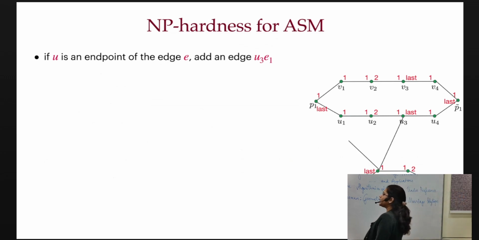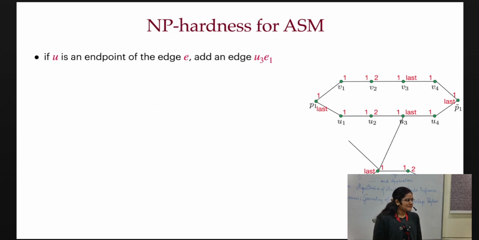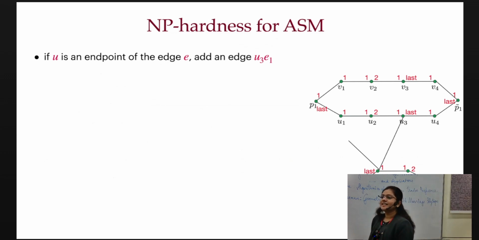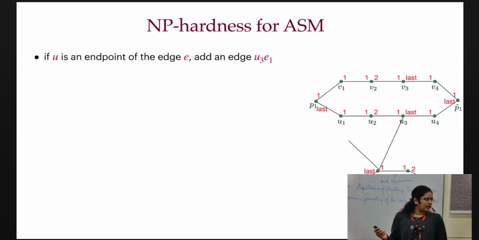What is the degree of U3 here? Degree of U plus 2, exactly, right? Because from U3 you add an edge to E1 if U is an endpoint of edge E. So this is degree of U plus 2.